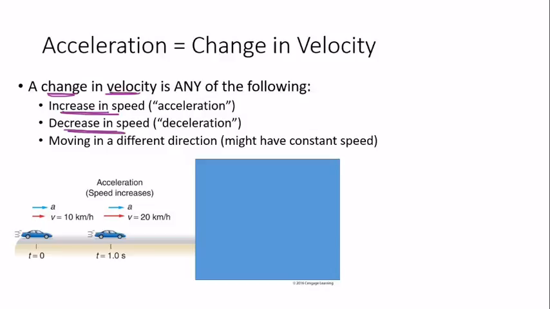Or we could be going the same speed and moving in a different direction. That's also acceleration. So we're used to thinking of the car with the gas pedal, accelerating, decelerating, but also think of acceleration if you hold the same speed and you're going around a curve. If you're navigating a curve in your car at constant speed, you are accelerating.